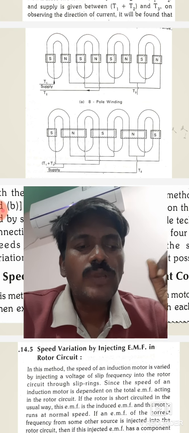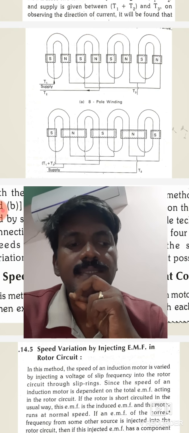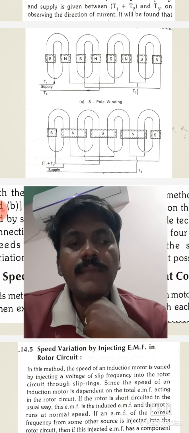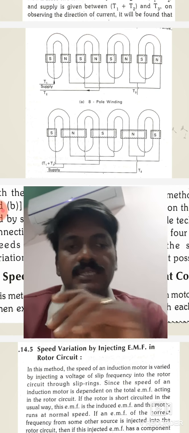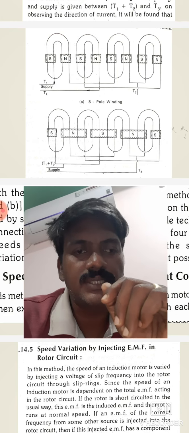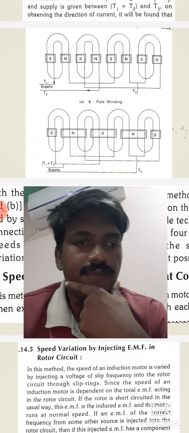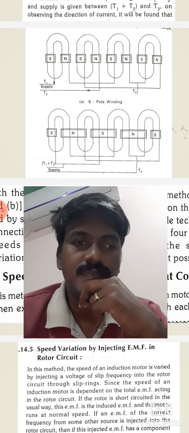It is possible to have two speeds, one double of the other, which is generally obtained simply by changing the connections of the motor stator winding. Then we can achieve double speeds.